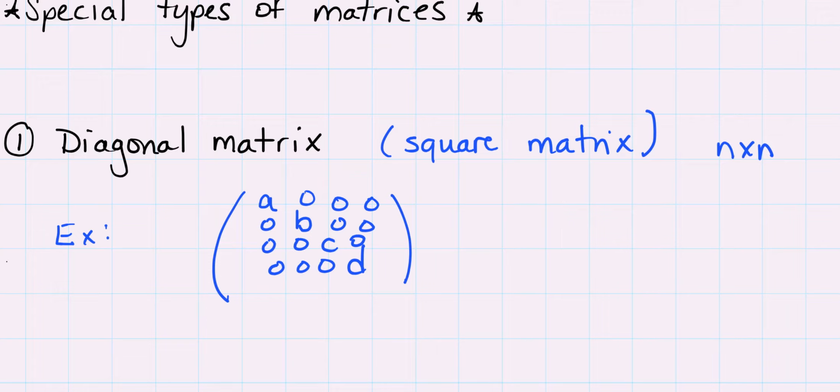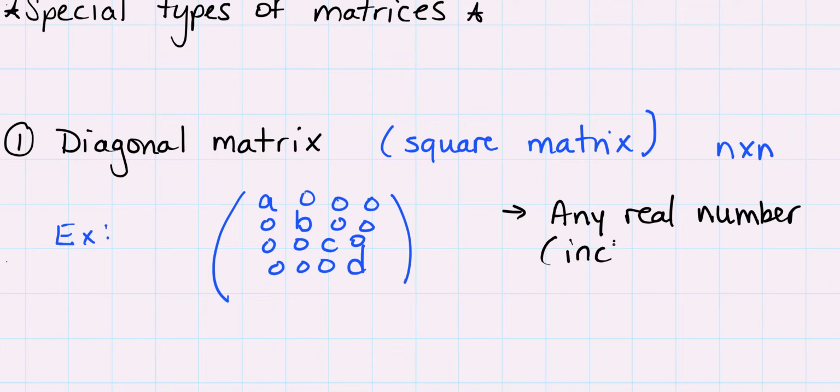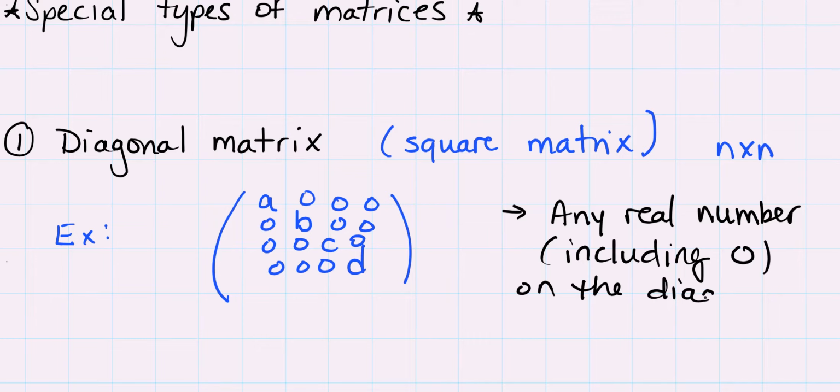So I'm going to put the details here. Any real number including 0 on the diagonal, and zeros everywhere else.